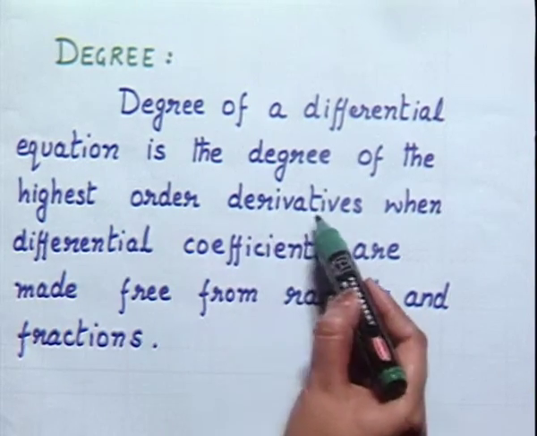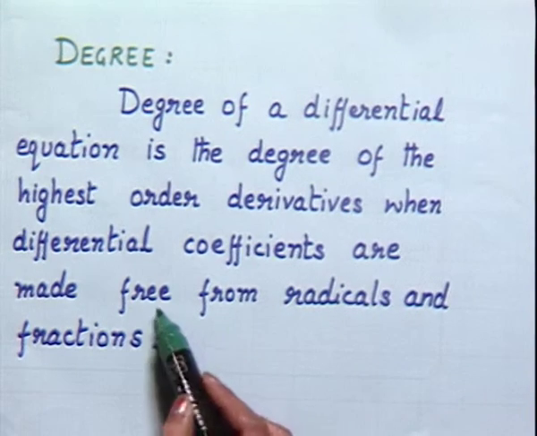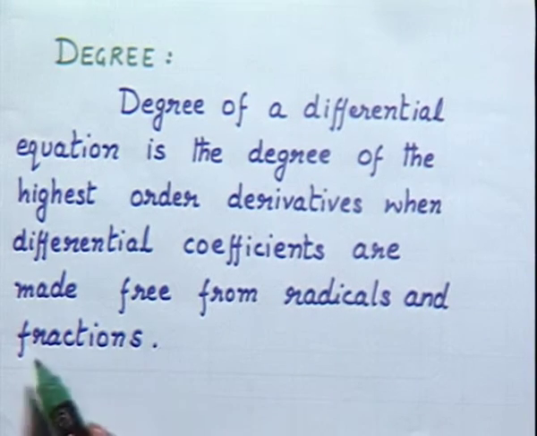Note this point: when differential coefficients are made free from radicals and fractions. That's again an important point to be kept in mind, so that if at all the equation involves fractions and radicals, they have to be first removed. So, the degree is the power, in a sense, of the highest order derivative involved in the equation.